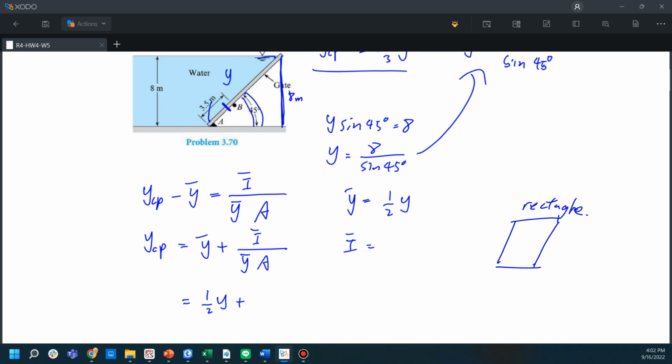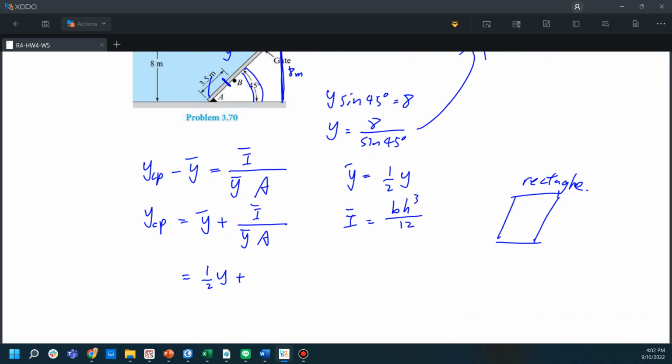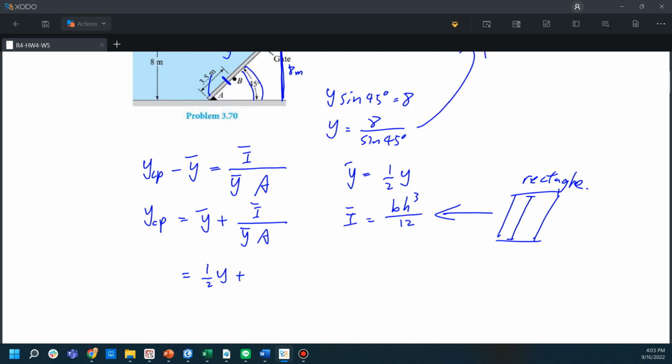The equation for this is b h to the power of 3 divided by 12. You can find this equation in the appendix, but here I will just provide it. Here h is equal to Y.